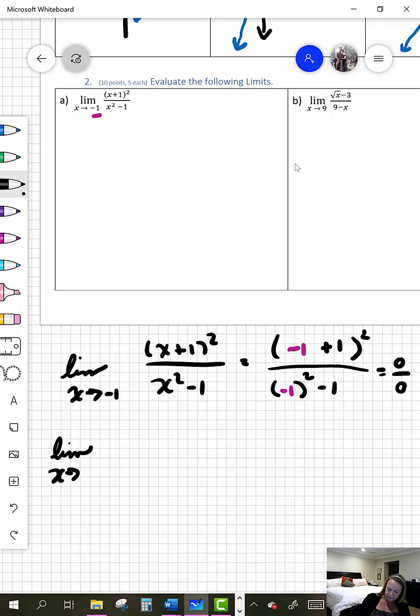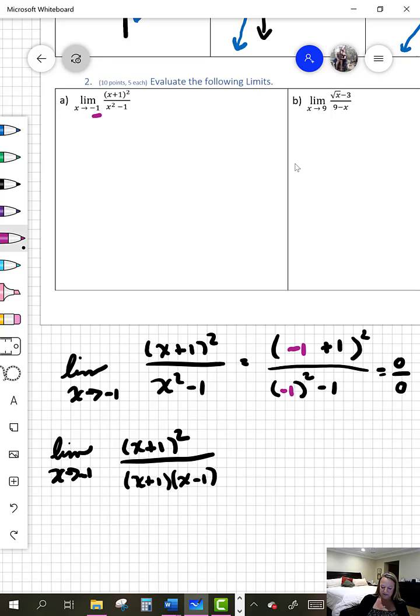So again, we're looking at the limit as x is approaching -1 of (x plus 1) quantity squared all over our denominator, x squared minus 1. So let's factor x squared minus 1. That's a difference of squares. And so this gives us (x plus 1) times (x minus 1). So notice now that we have a factor of x plus 1 in the numerator and one in the denominator.